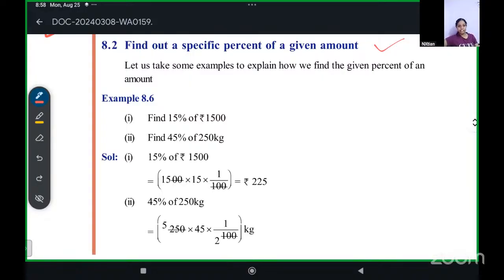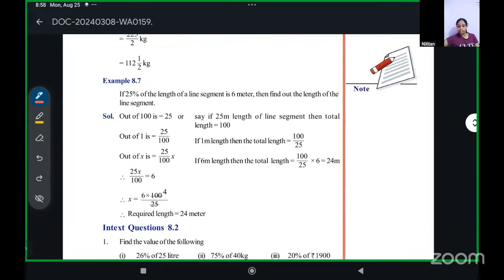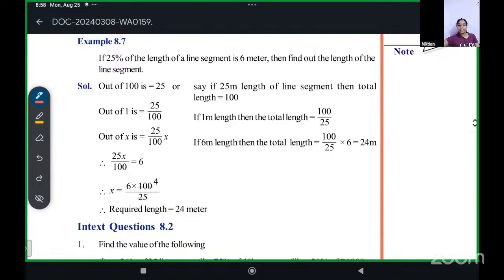Only once. Will you tell us if it's wrong or right? At the end, I will tell you, once the complete quiz is done.